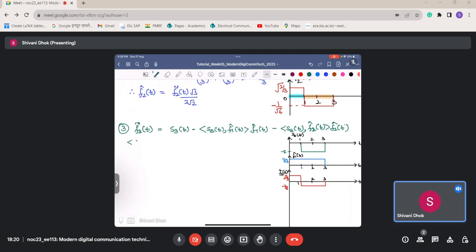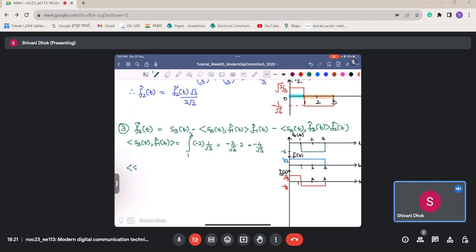Inner product of s3t and f1 hat of t. Okay, so now this will be only valid in this range, that is 1 to 3. So this will be integration from 1 to 3. Here s3t is minus 2 and f1 hat of t is 1 by root 3. So this is minus 2 by root 3 into 2. So this comes out to be minus 4 by root 3.